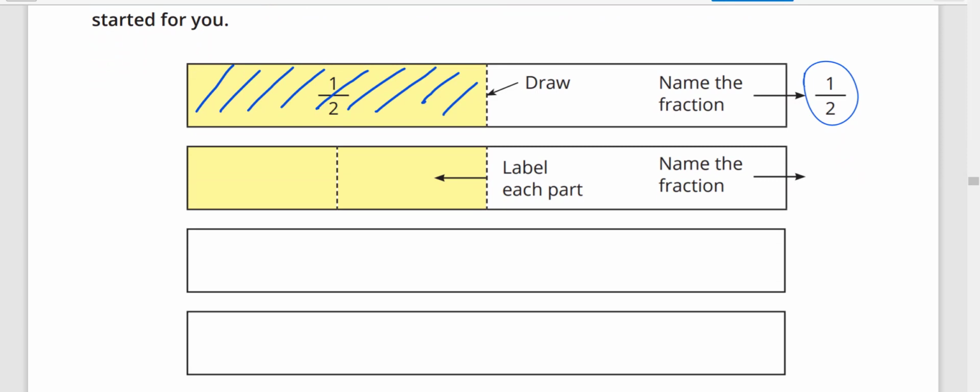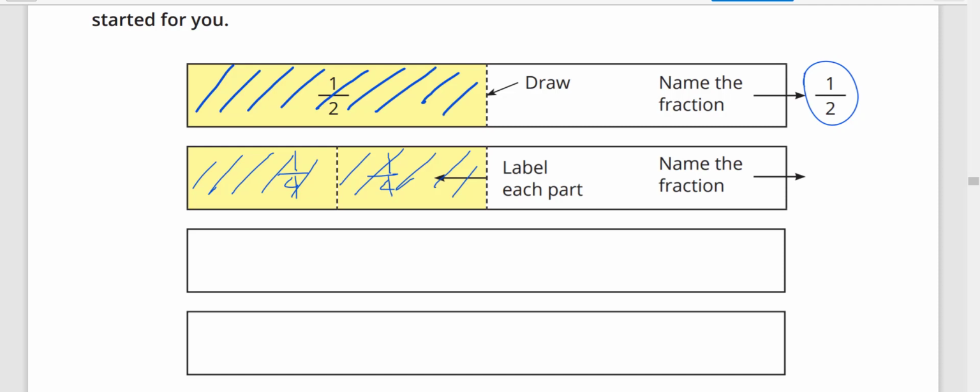The second one is divided into how many parts? Divide half into two parts. Each part is called fourth. Fourth.